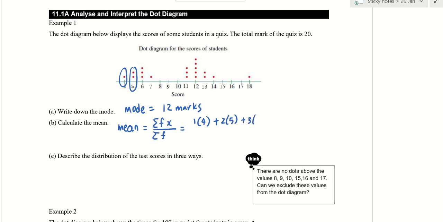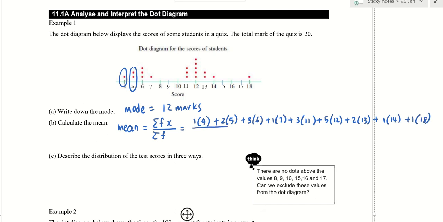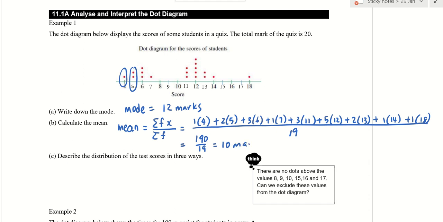Then we have 3 6s, 1 7, 3 11, 5 12s, 2 13s, 1 14, 1 18. All the 1s you don't have to write them down. Divided by, just now I counted, there were 19 of them. Put this in your calculator, you end up with 190 over 19, which is 10 marks.